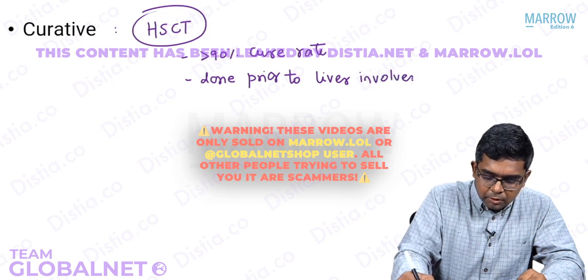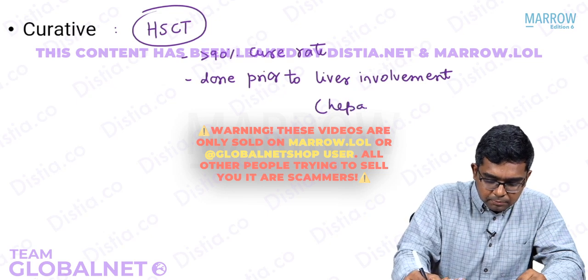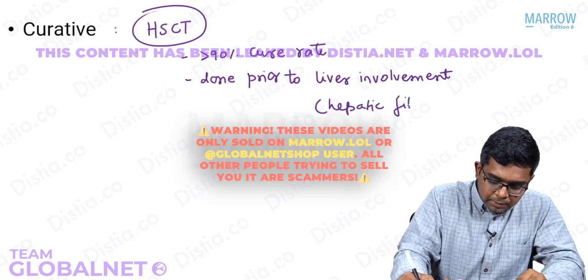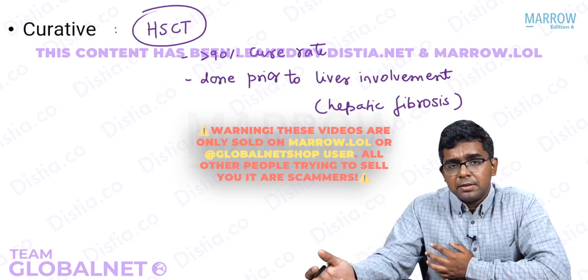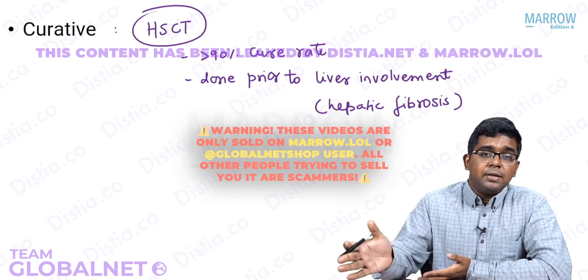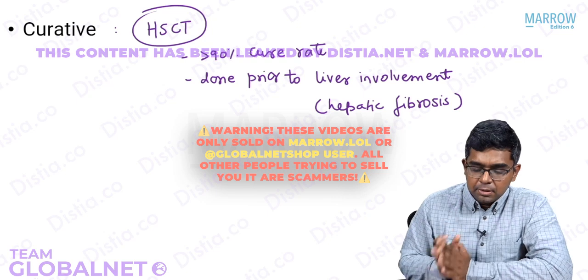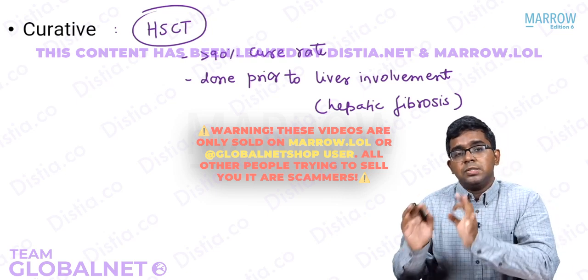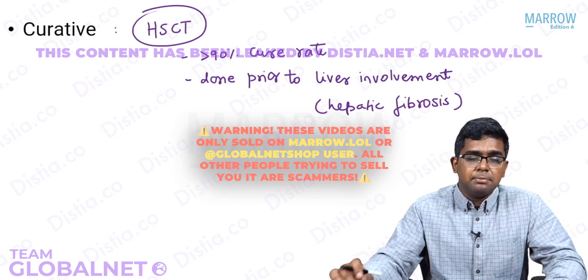Very important. For example, if there is hepatic fibrosis, and after that hematopoietic stem cell transplantation is done, outcomes are not good. But before the liver becomes damaged, there is a 90% or more than 90% cure rate. That should be remembered, and that is the only curative treatment option for a child with beta thalassemia major.